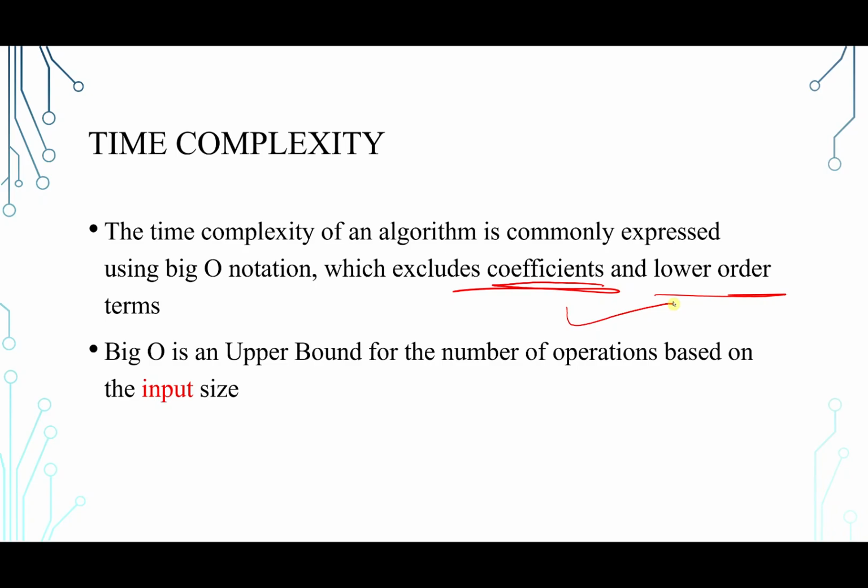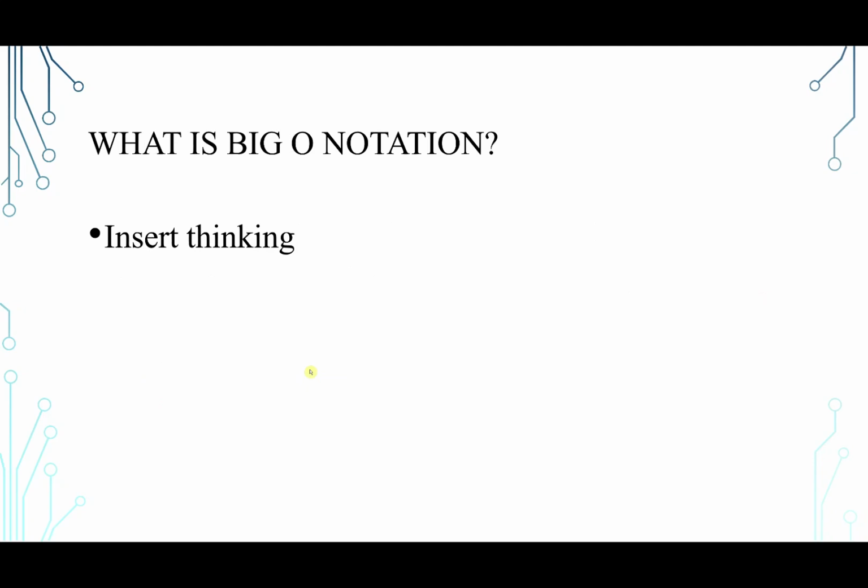So big O is an upper bound for the number of operations based on the input size. I'm going to talk a lot about big O and what it means and how we are going to express that before I give you the formal definition, because I'm concerned with what your understanding of big O notation will be after this lecture.